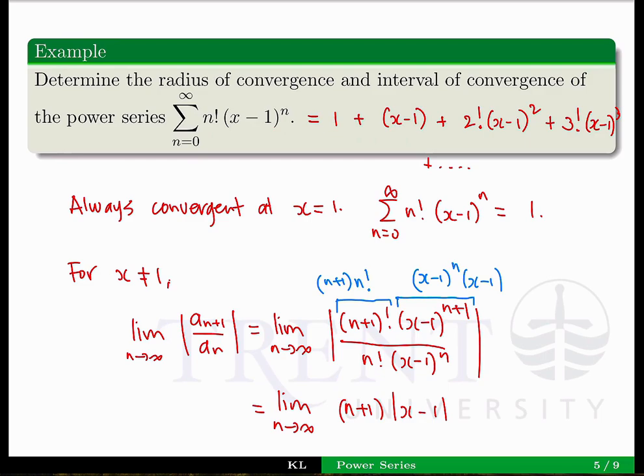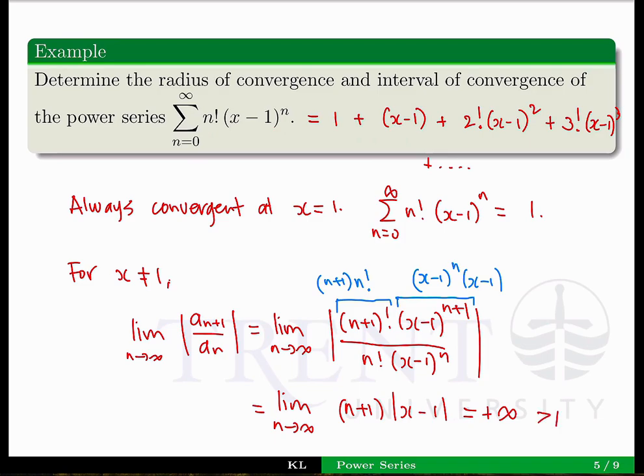But since x is not equal to 1, this is not equal to 0. This is a number. But as n approaches infinity, this will go to plus infinity. Again, this is not equal to 0, so as n approaches infinity, this will go to infinity. So the limit is equal to infinity, and this is well above 1.